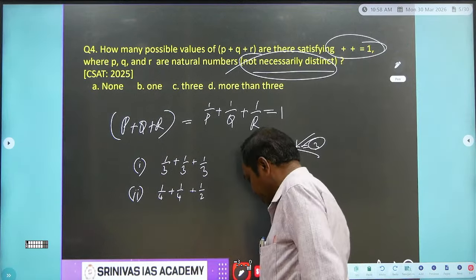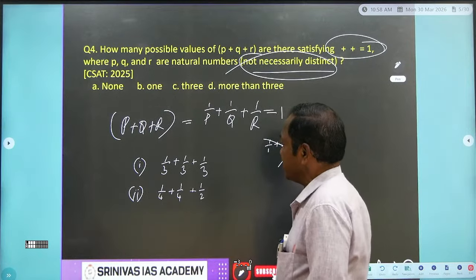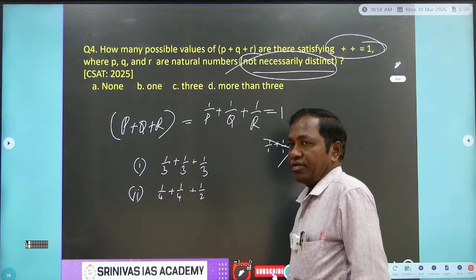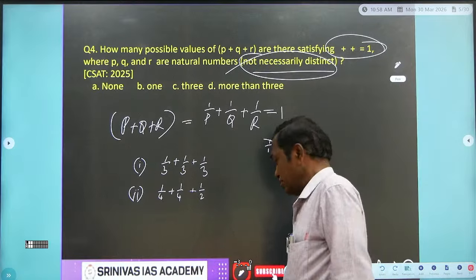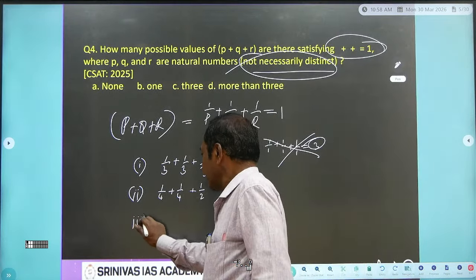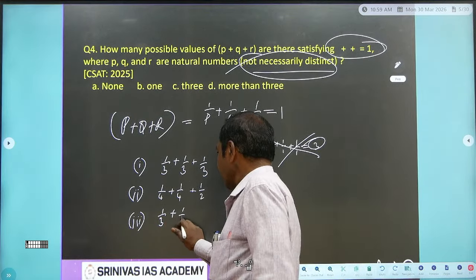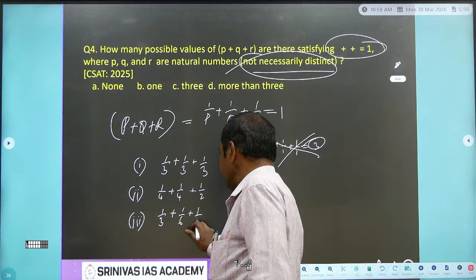What is another possibility? Prashwal, what is another possibility? 1 by 3 plus 1 by 6 plus 1 by 6. Check it out.